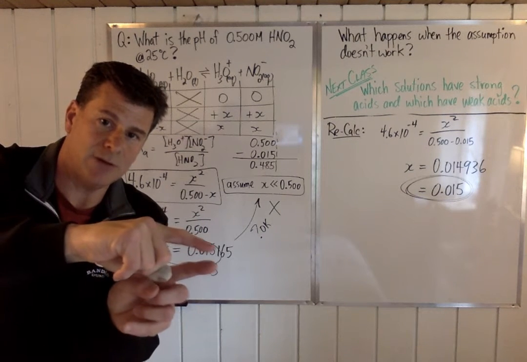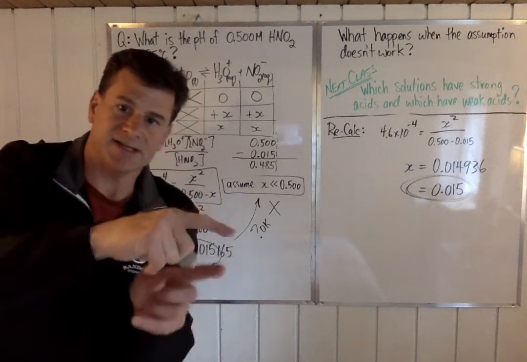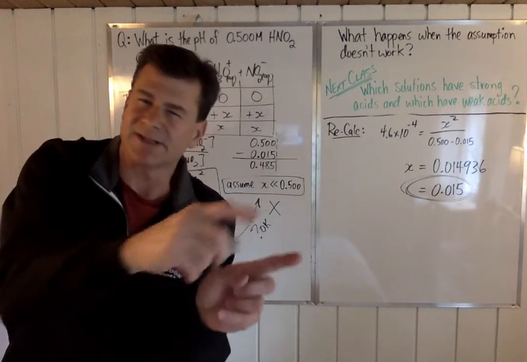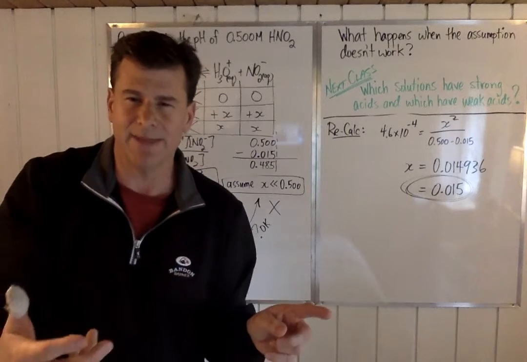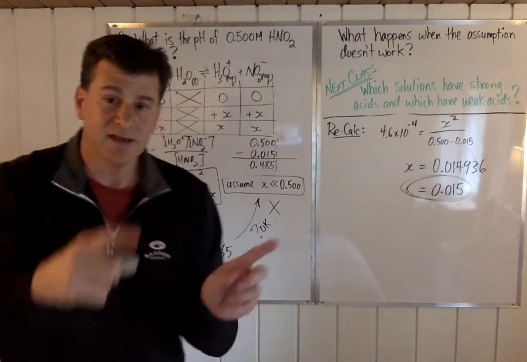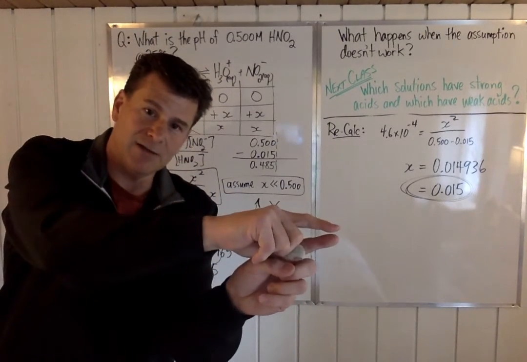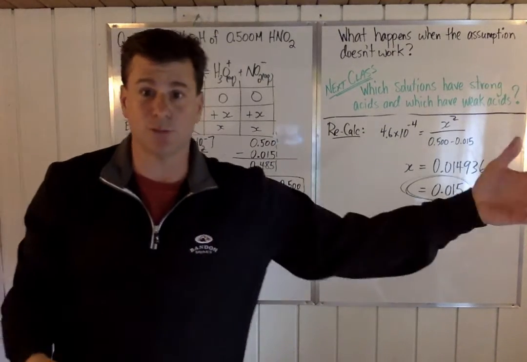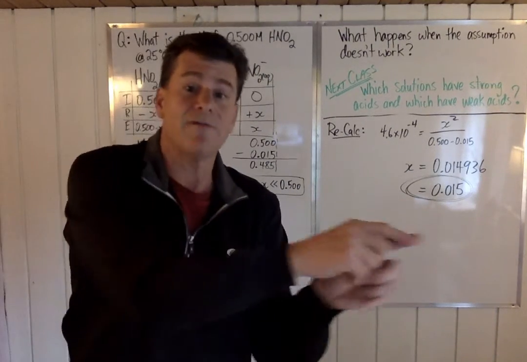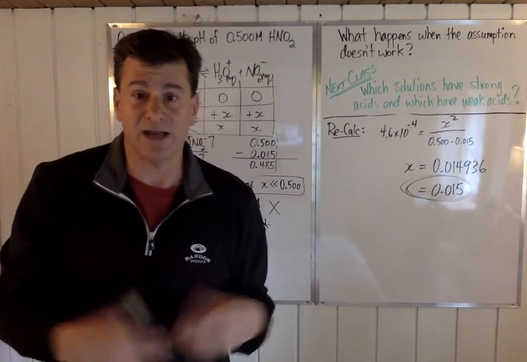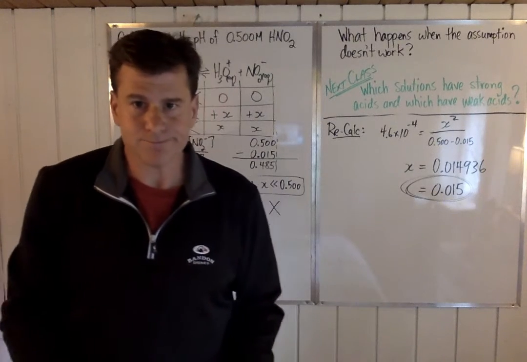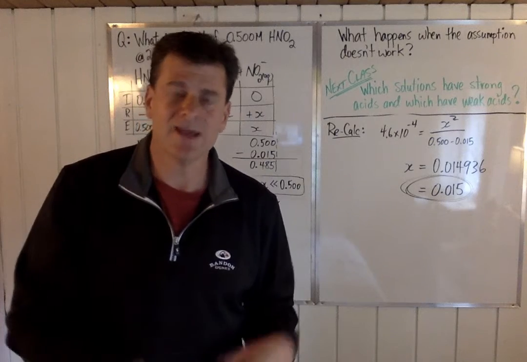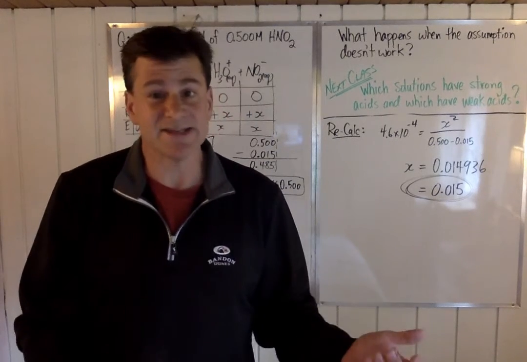You would be narrowing the gap as you did successive calculations. It's almost like you're approaching a limit in math class. So if you did this out to infinity, you would arrive at what the actual answer would have been if you had done the quadratic formula.